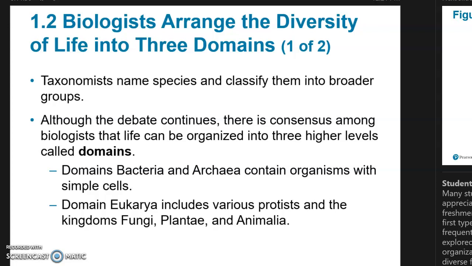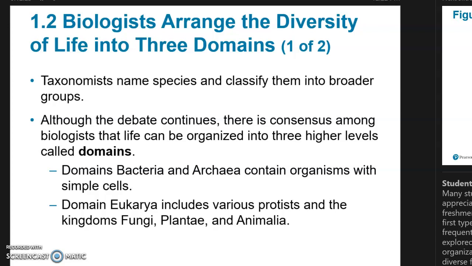Okay, so there's something that these 2 domains, bacteria and archaea, have in common that eukarya doesn't. Can anyone tell me what it is? What cell type do bacteria and archaea have? Simple cells?